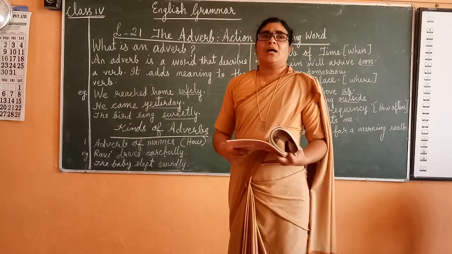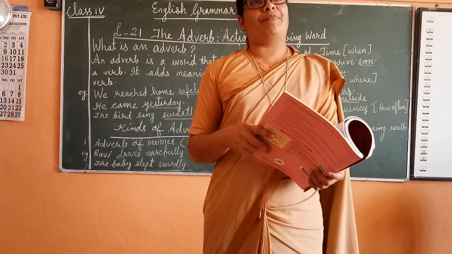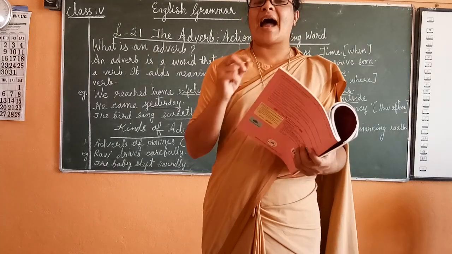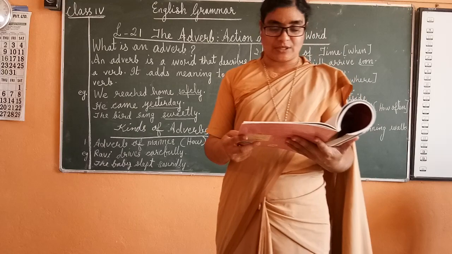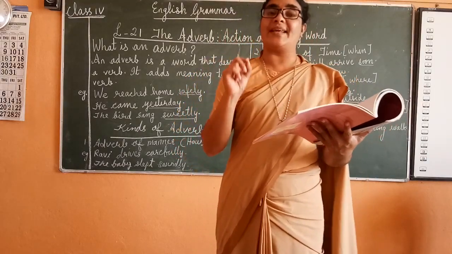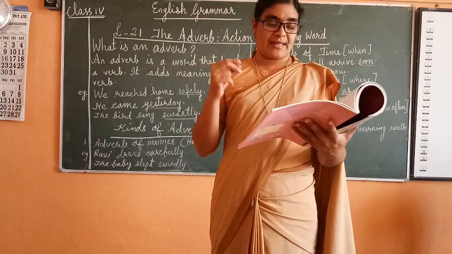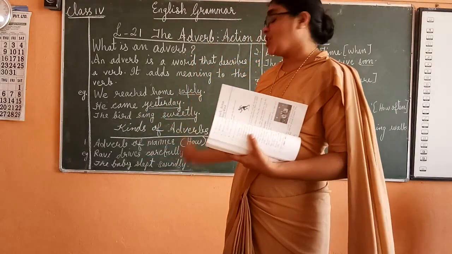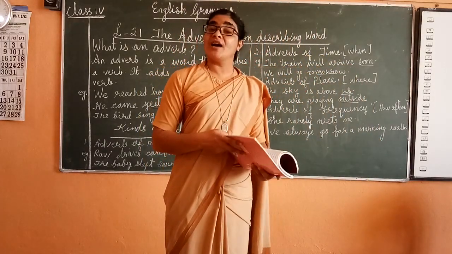Now, based on this adverb, according to time, place, all these, adverbs are divided into 4 kinds. Adverbs may be divided into various kinds as mentioned below. So we have here 4: adverb of manner, adverb of time, adverb of place, and adverb of frequency.